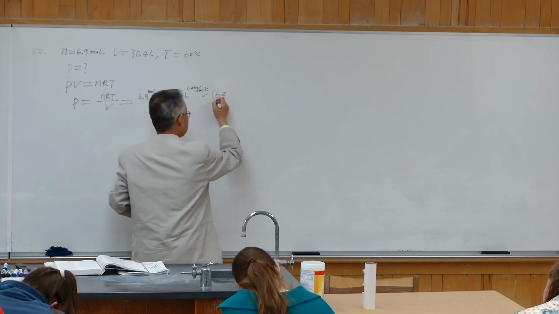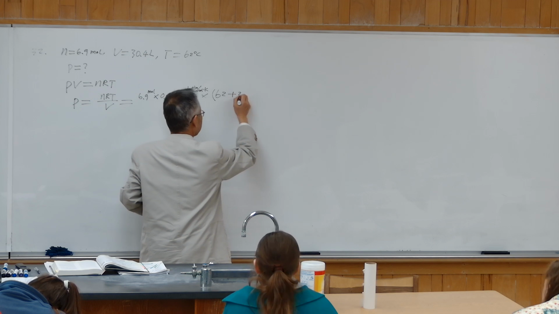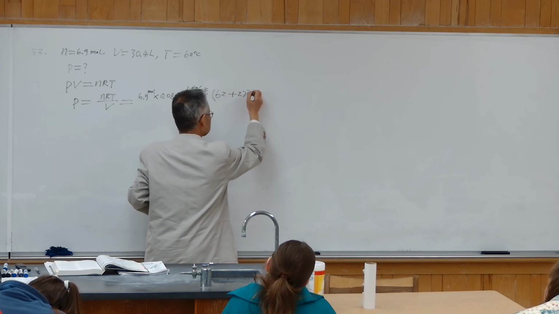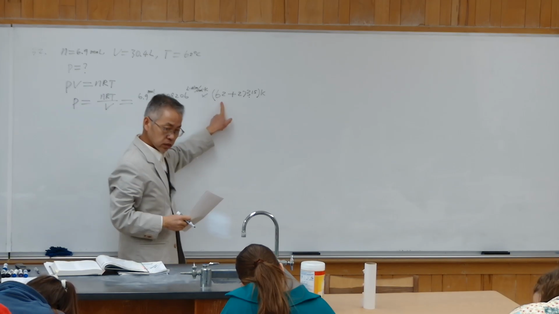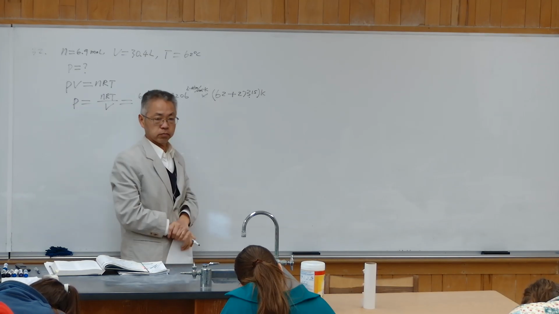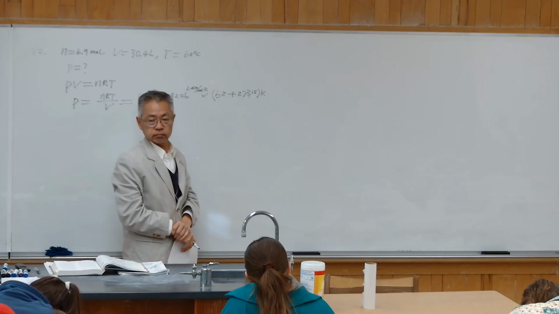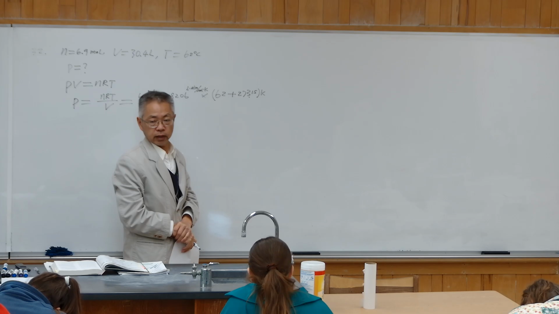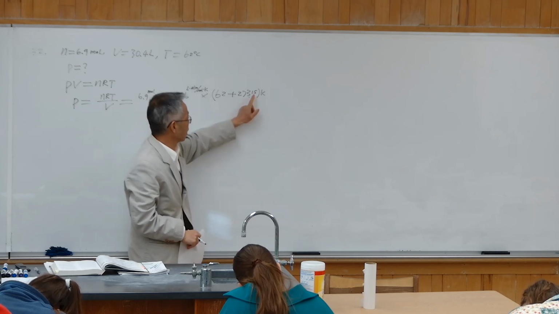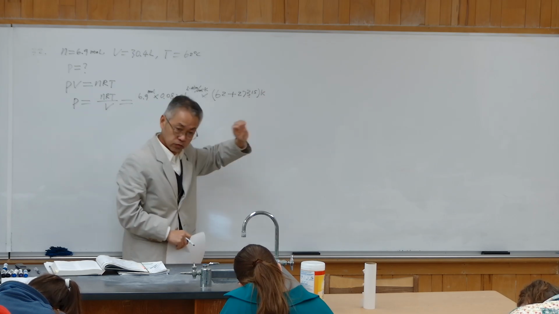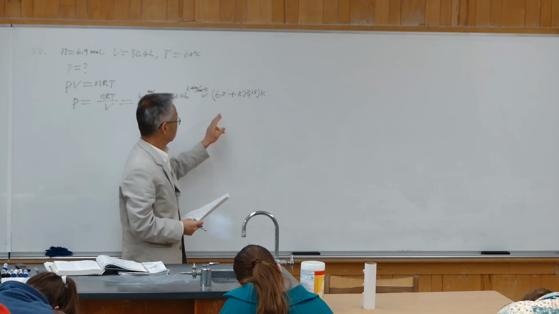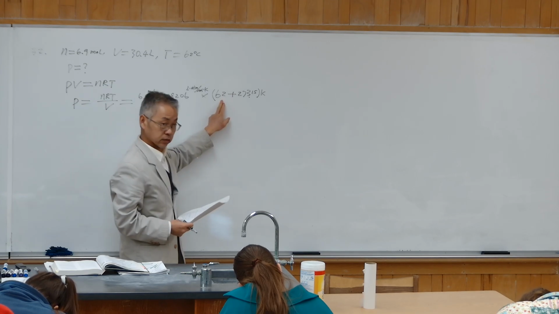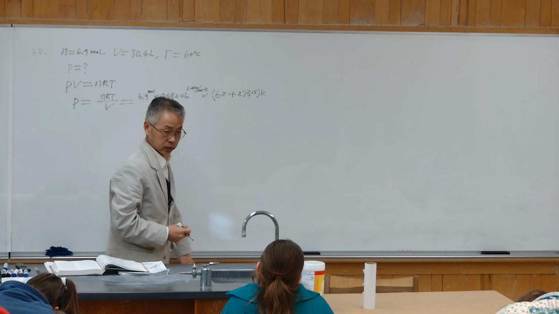So we need to convert the Celsius to Kelvin. Celsius plus 273.15. If you don't remember 0.15, you use 273, that's fine. But you cannot use Celsius degree directly. Must be converted to Kelvin.